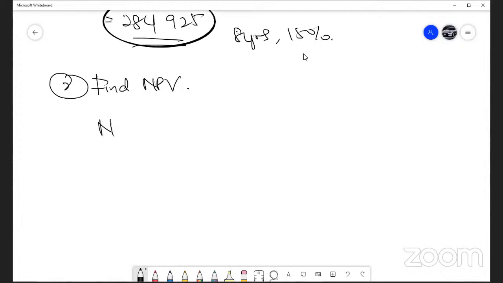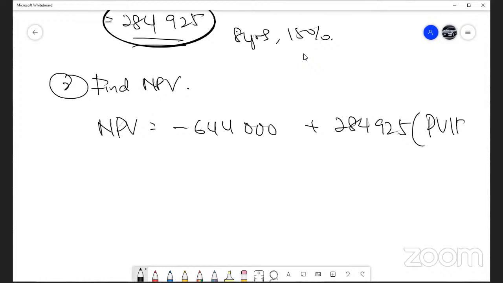Okay, so for NPV, if you have a calculator, you can use your calculator. If no calculator, negative $644,000, this is the cost, plus 284,925 times PVIFA at 8 years and 15%. Then you get your answer.